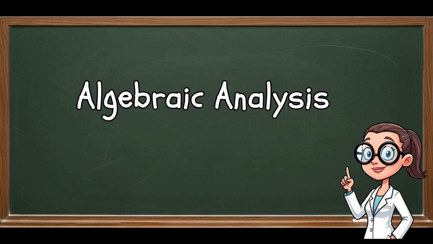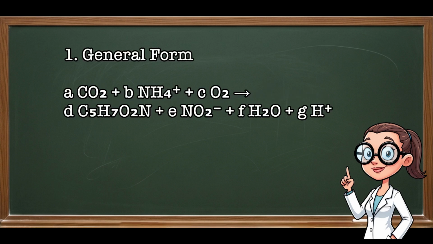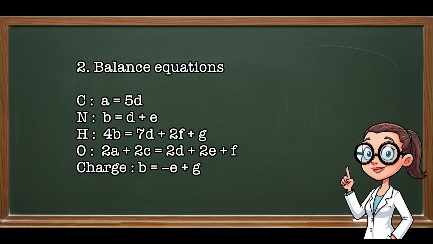Now, let's analyze our reaction algebraically with linear algebra to see why more than one balanced form is possible. 1. General form. We want coefficients A, B, C, D, E, F, G in the general form of the equation. 2. Balance equations.